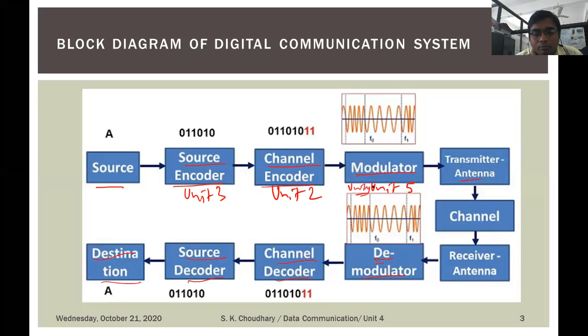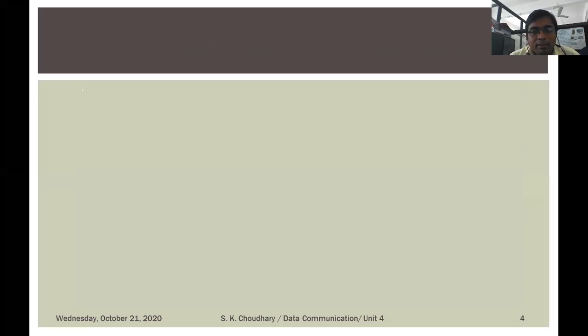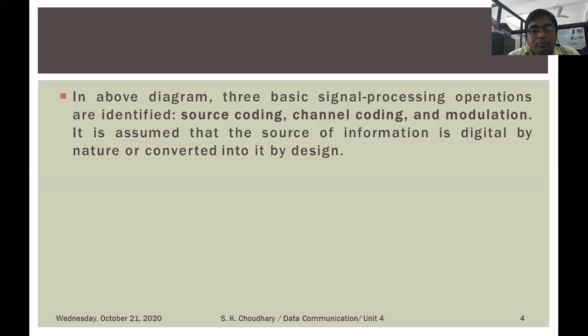I hope you have this point, you have drawn this diagram. Now we will come to the detailed description of these blocks. This is the theoretical point, so you could be asked a question on that, so you have to describe it in a descriptive manner.